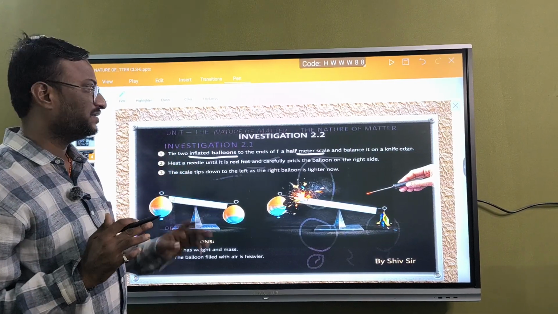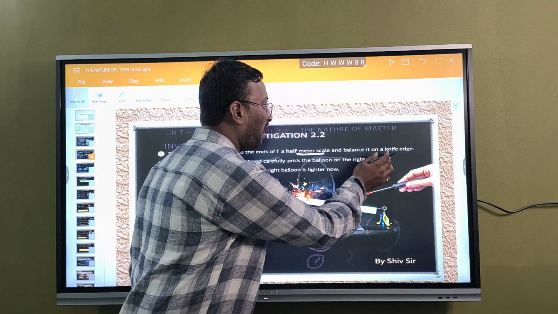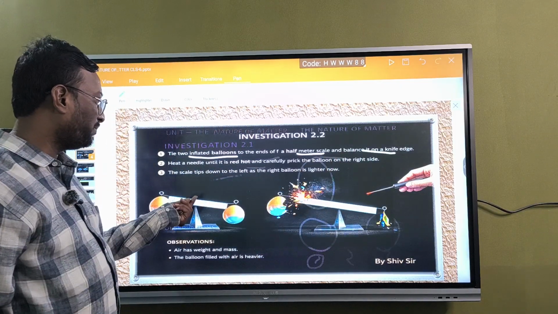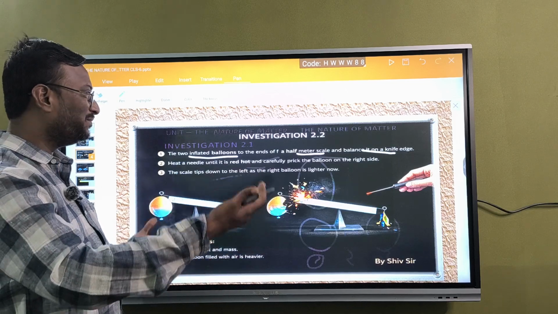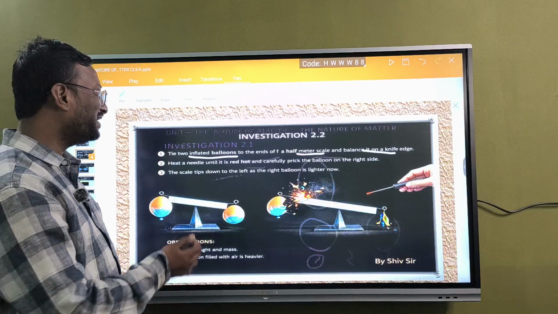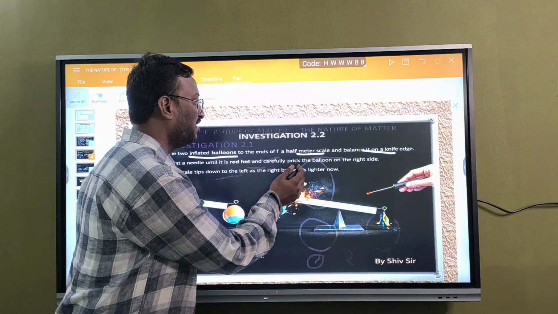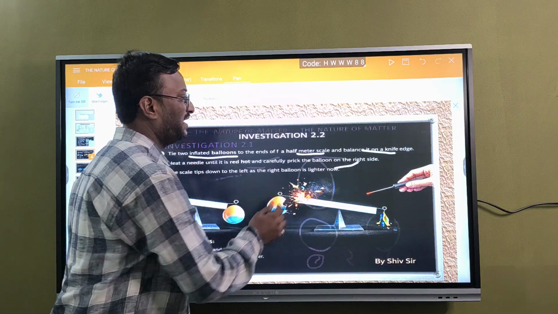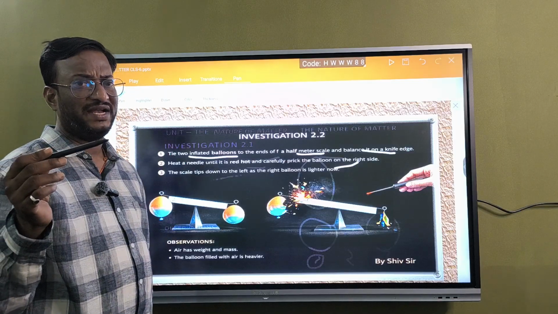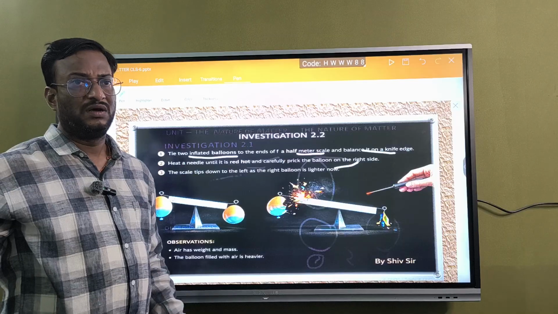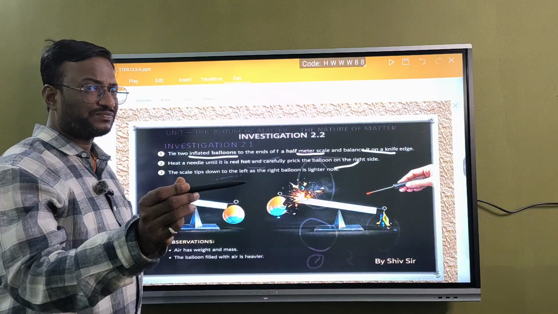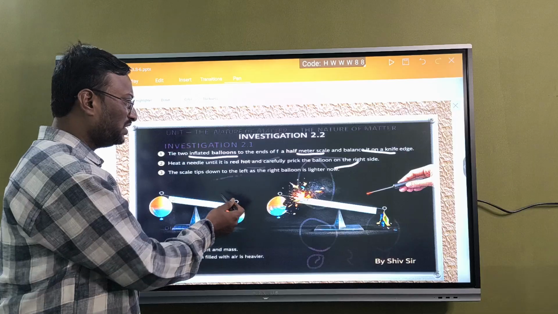You try to tie it and balance it on a knife edge. ఒక షార్ప్ ఎడ్జ్ పైన దాన్ని బ్యాలెన్స్ చేయండి. ఎందుకో రెండు ఊదింతాం కాబట్టి అది బ్యాలెన్స్ అవుతుంది. Heat the needle until it is red hot and carefully prick the balloon on the right side. ఒక నీడిల్ తీసుకోండి, take a needle and heat it up till it becomes red hot. Okay, then you just try to touch the balloon so that it will blast.